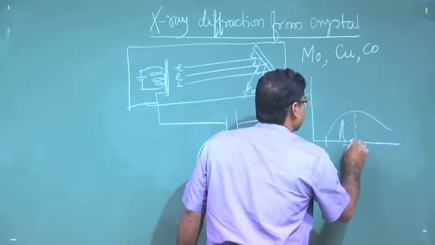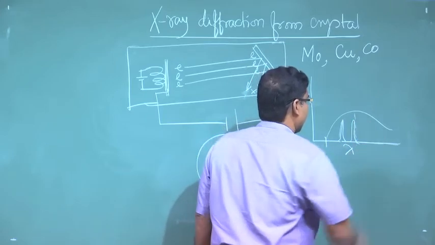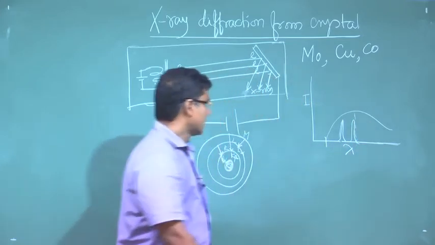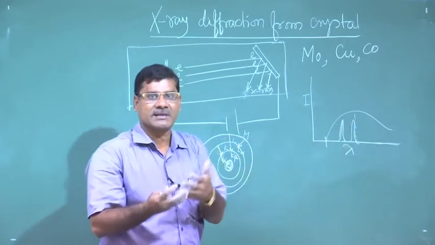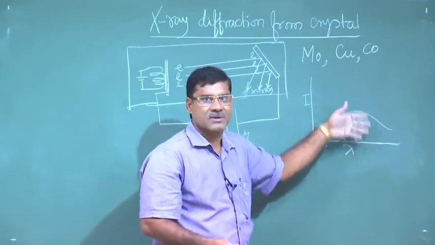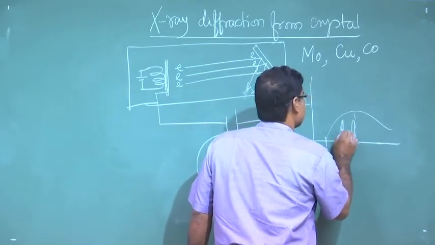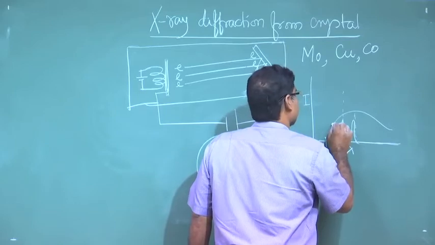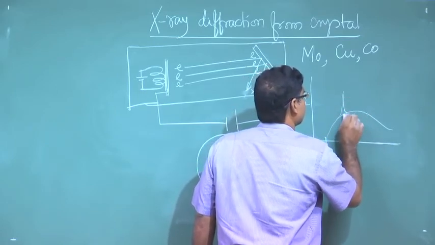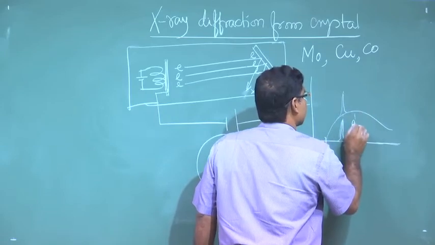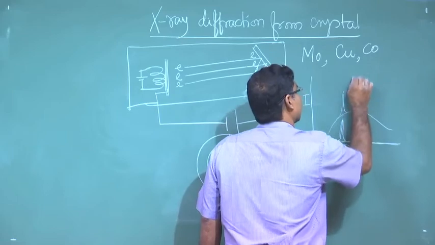Then you are getting this type of peaks, okay, etc. Overall, whatever intensity we see is the summation of these two intensities, and basically you will see it at this position, at this wavelength.